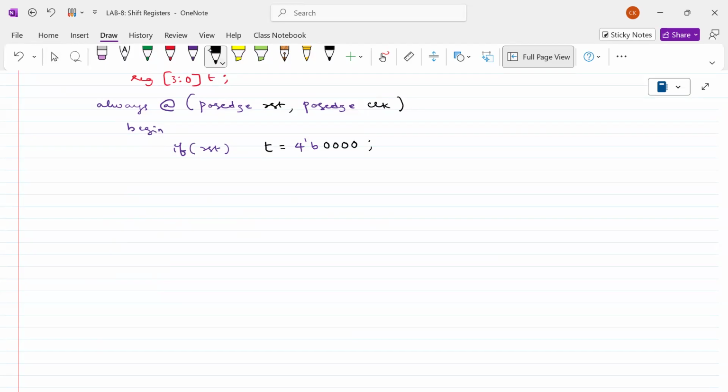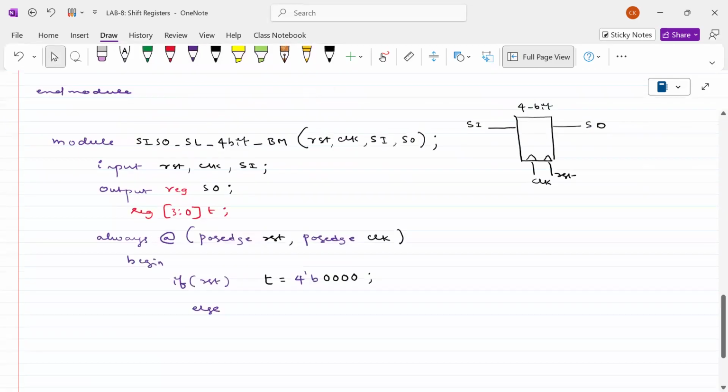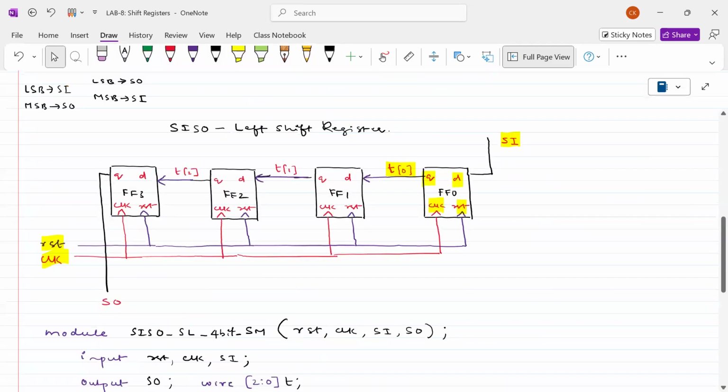If the RST is not there, else, depending upon the clock signal, something has to happen, right? What happens, we have to write here. So for every positive edge of the clock, what has to happen? So this input is connected as the output, and this input will be transparent here, and this value will go here, and this value goes here, right?